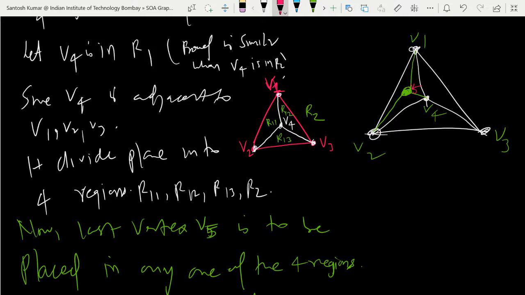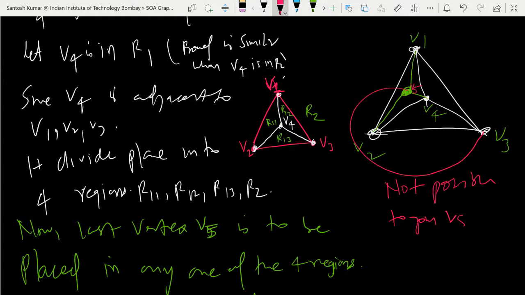Do you have any way without crossing an edge? No. So that's why, if you join V5 any way, you are crossing somewhere. Anyway you join, you will cross an edge. It is not possible to join V5 and V3 without crossing an edge.